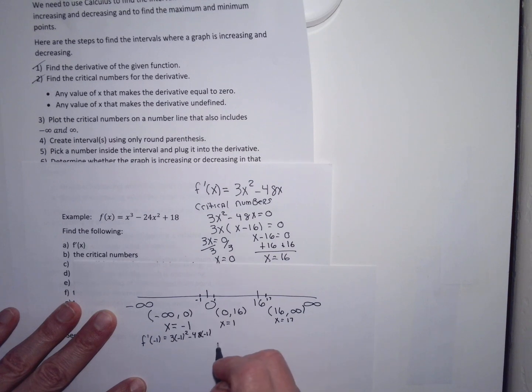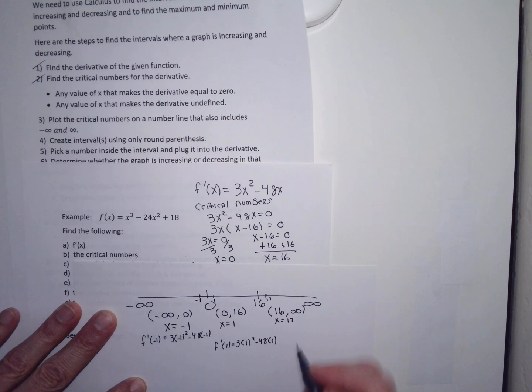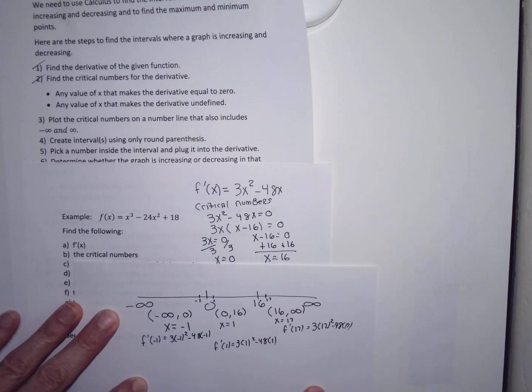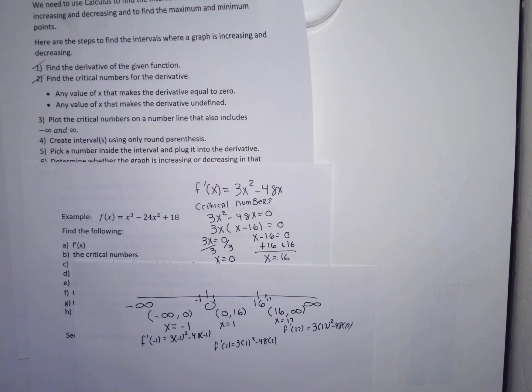Then I'm going to evaluate the derivative at 1 and do 3 times 1 squared minus 48 times 1. And then I'm going to evaluate the derivative at 17 and do 3 times 17 squared minus 48 times 17. And for each, I'm just going to get a value.